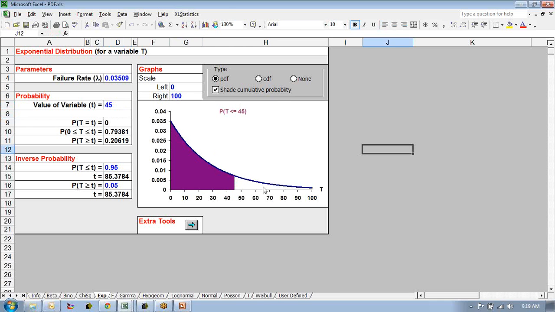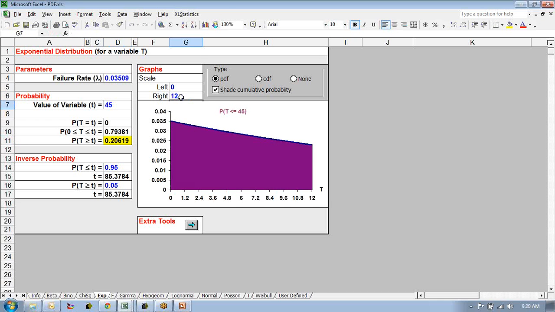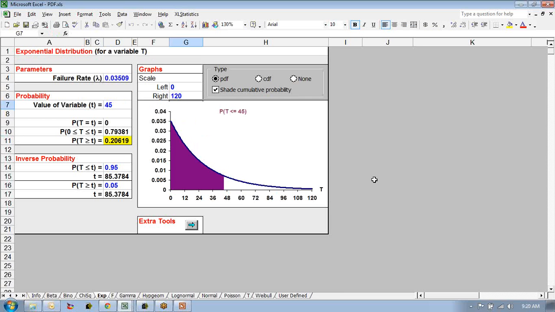And it looks like the probability that I'll be above 45 is fairly small, and it's given by 20%. So about 20% of the time, it looks like we're going to have, I'm sorry, 45,000 or more in sales. Hopefully that picture is helping you quite a bit to visualize what makes sense and what doesn't.